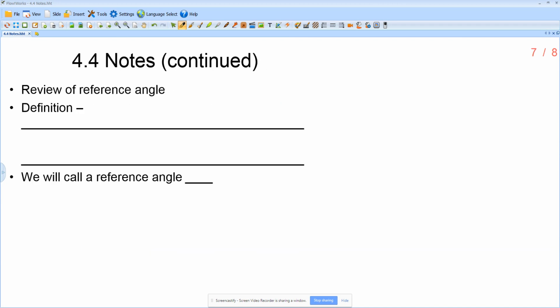So then the next thing, and the last thing we're going to talk about here, is the idea of a reference angle. A reference angle, by definition, is the acute angle, acute meaning that it's smaller than 90 degrees, formed by the terminal side and the x-axis.